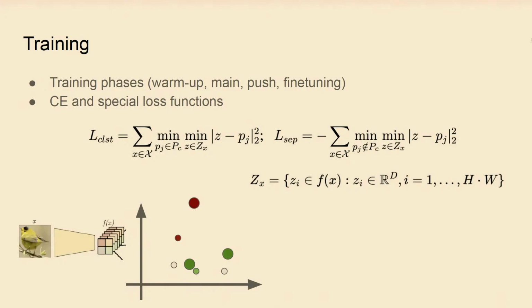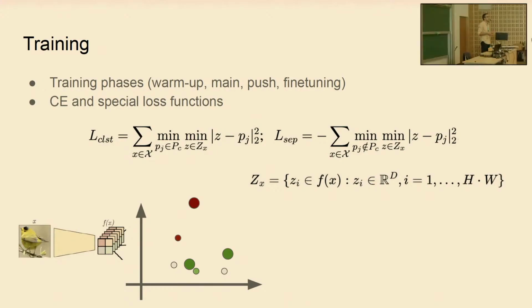So the main achievement of the paper that introduced the prototypical part network, in my opinion, was not the architecture but the way of training the architecture. And the training contained two additional loss functions, except the cross-entropy, which we all know how it works, of course: clustering and separation.